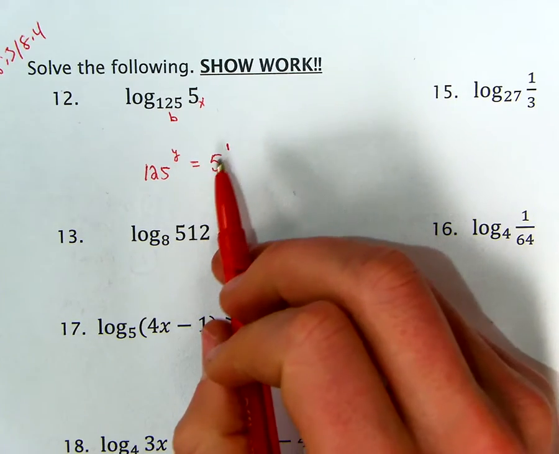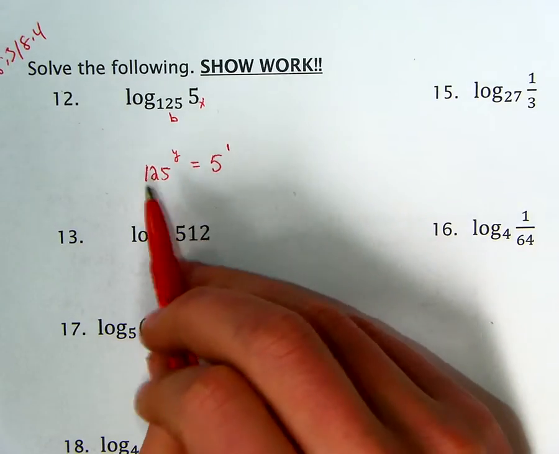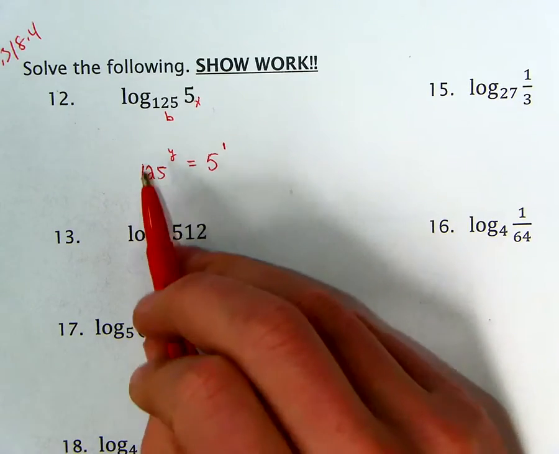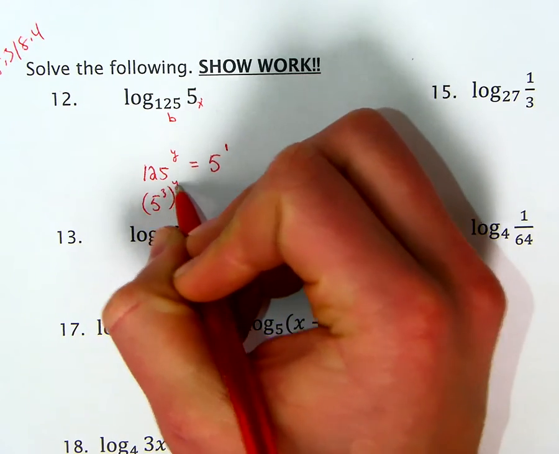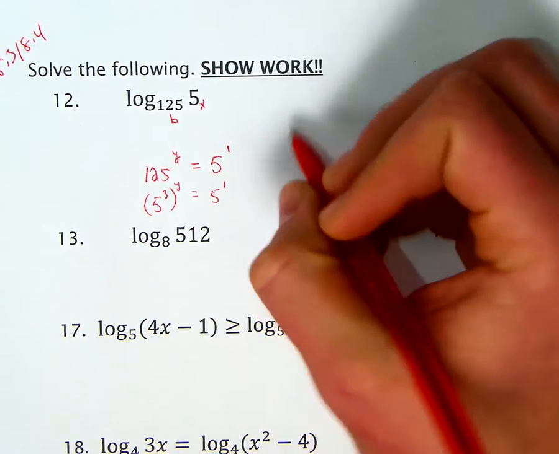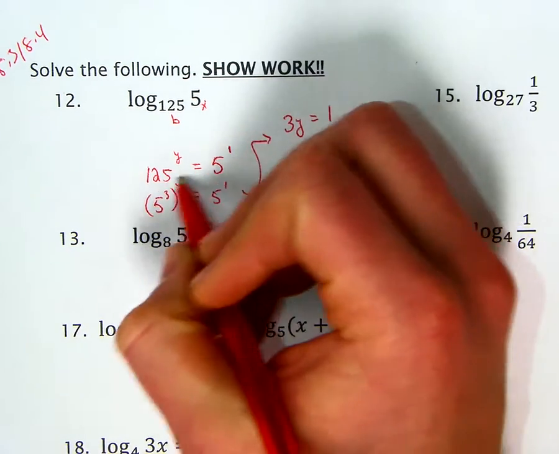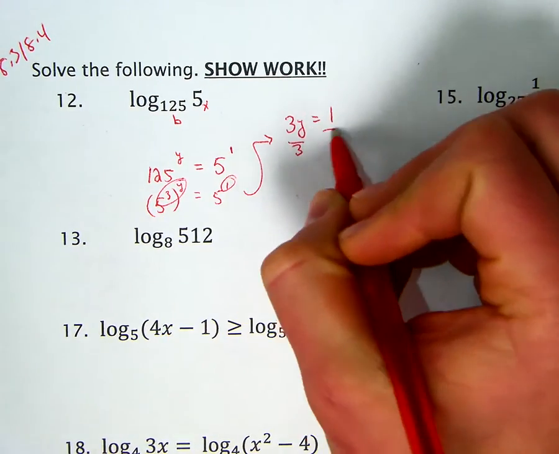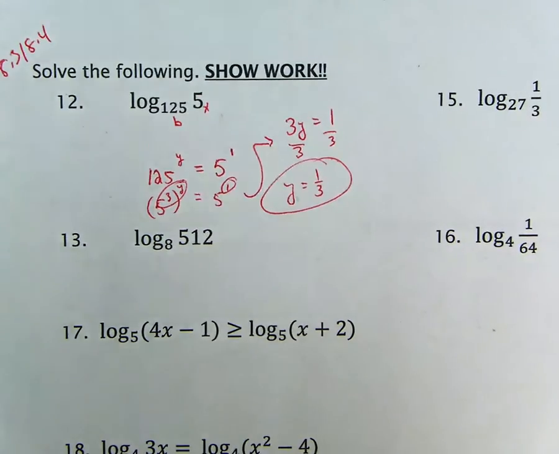This exponent is 1, right? 5 to the first power is just 5, so we know that this exponent's 1. I need to get this to become a 5, and 125 is 5 to the third. So now I have 3y equals 1, divided by 3, y equals 1 over 3.